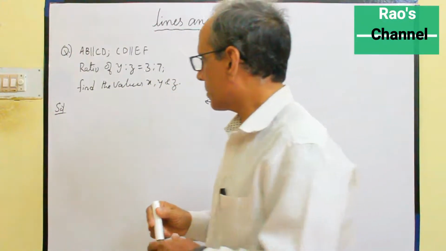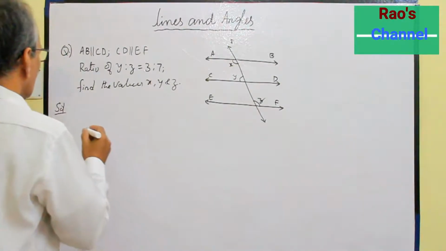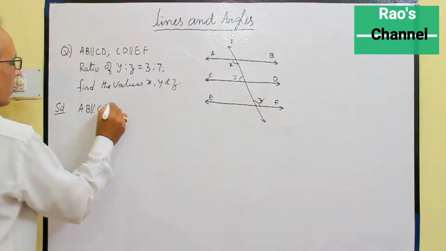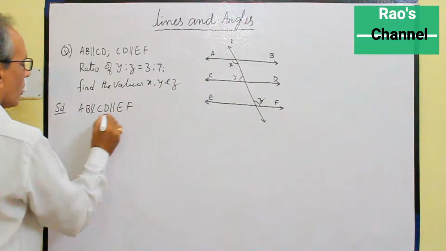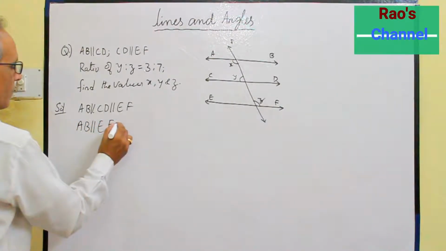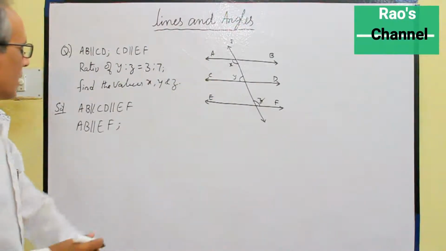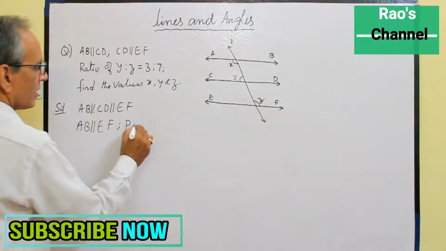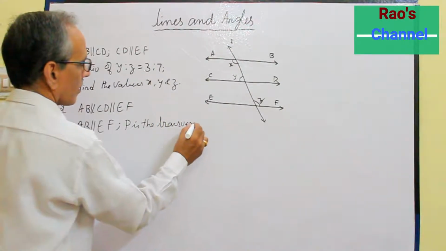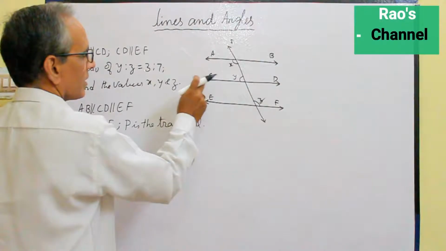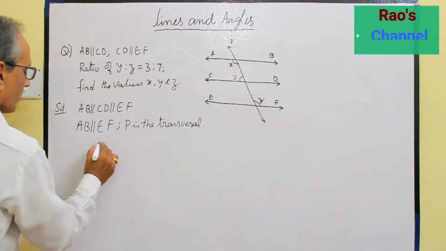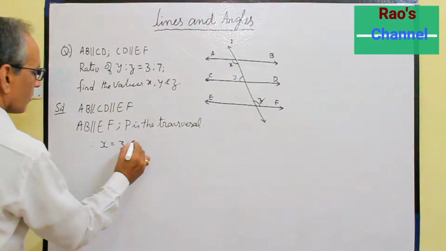Okay, let me begin the question. What is the given part here? AB is parallel to CD and CD is parallel to EF. So I conclude AB is parallel to EF. If AB is parallel to EF, I consider P as the transversal. So X is equal to Z. Why?